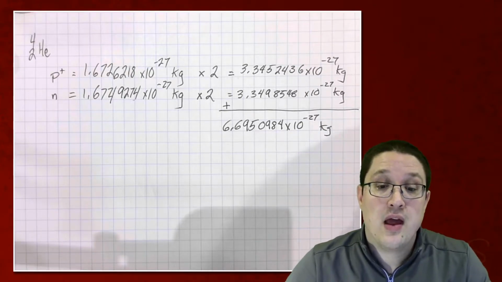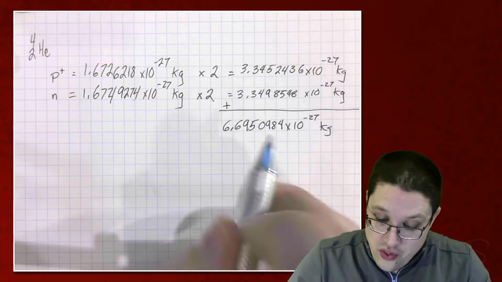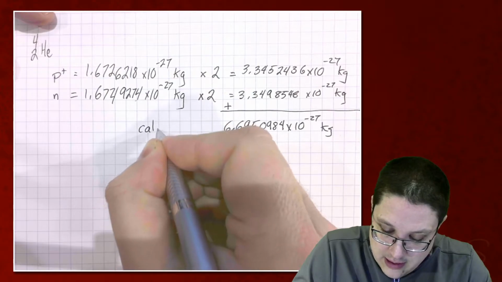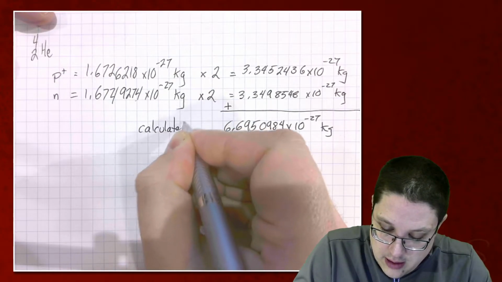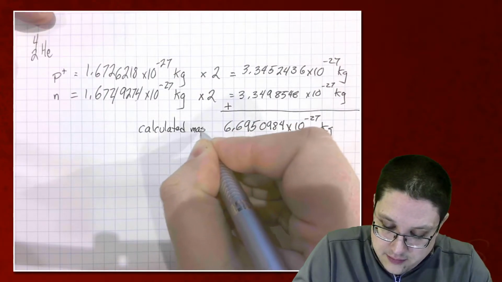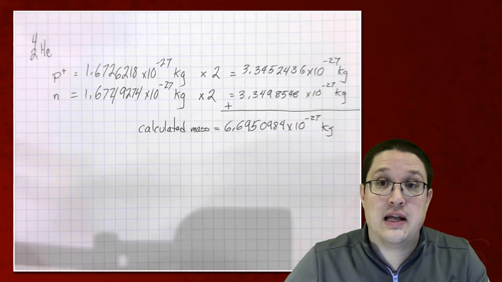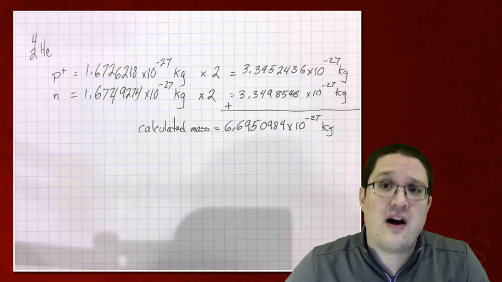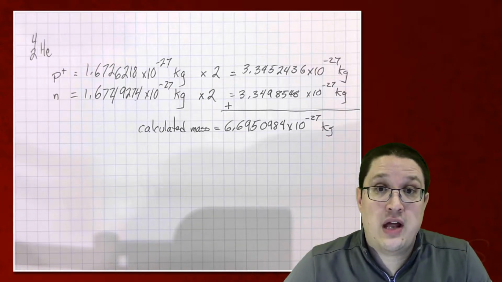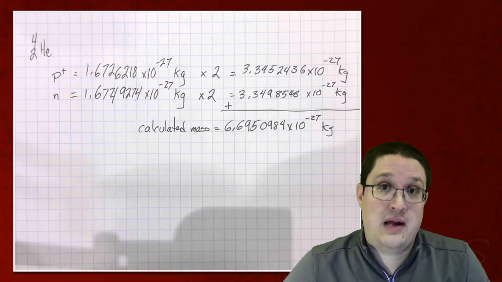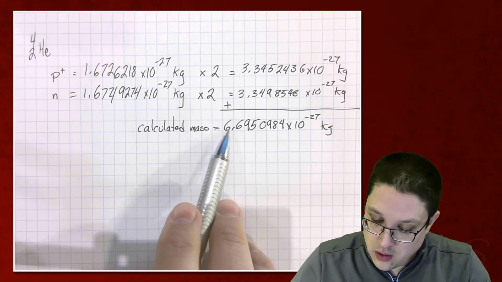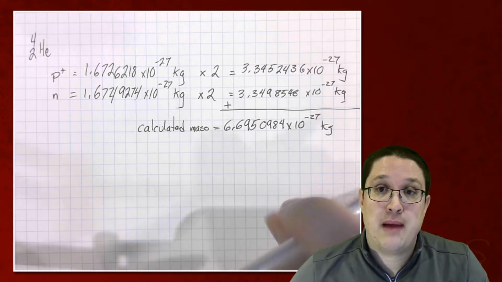Now, this is what we're going to call our calculated mass. This is like saying I have a bag with 2 10-pound weights and 2 5-pound weights in it. I should have a total of 30 pounds of weight in this bag. So I go, yep, here's my calculated mass.